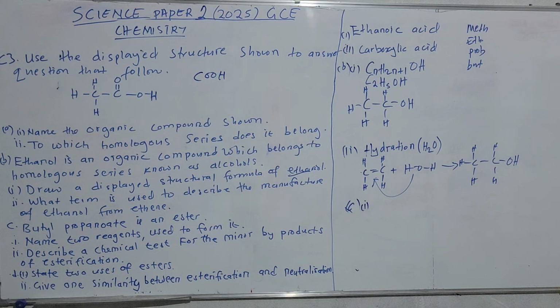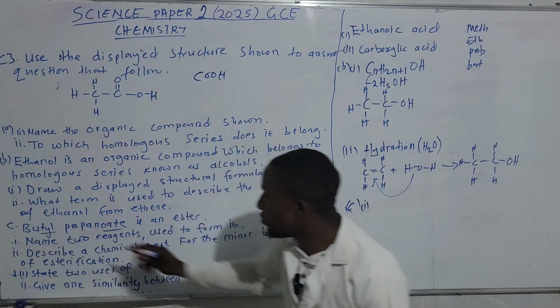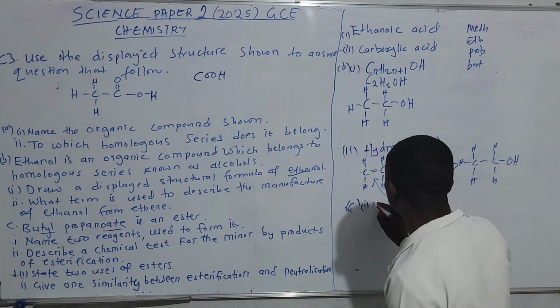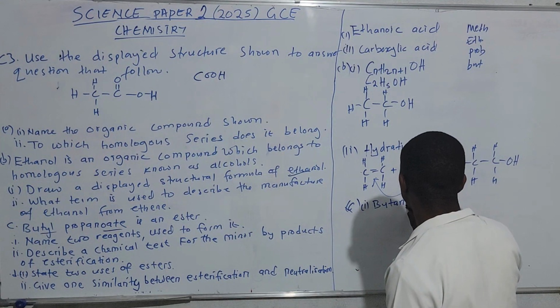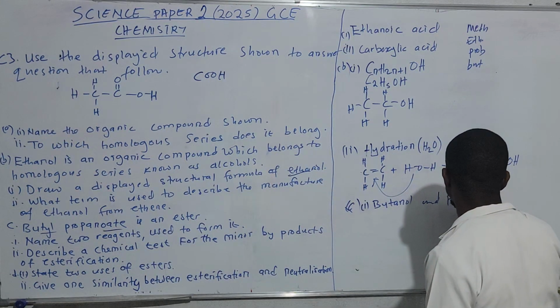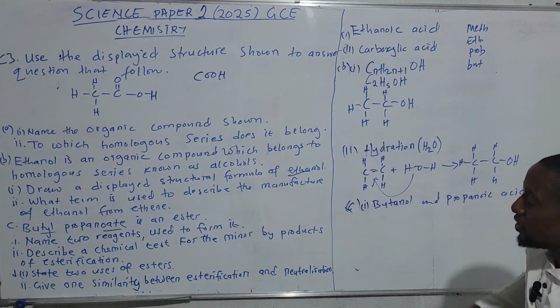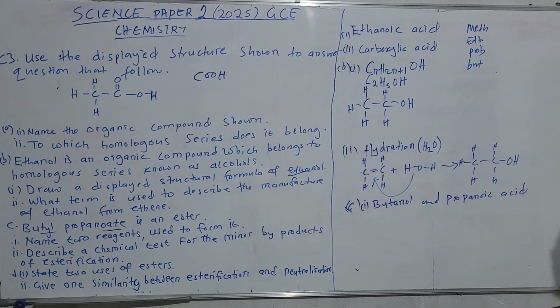For the alcohol part, you remove the ano and put the yl. For the acids, you remove the oic acid and put the oate. This is where the name is coming from. Initially we have butanol, which is the alcohol, and propanoic acid. These are the two reagents used to make an ester.